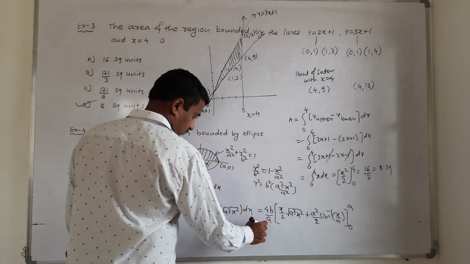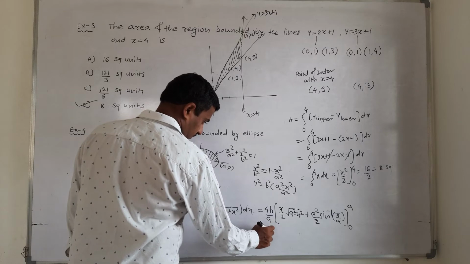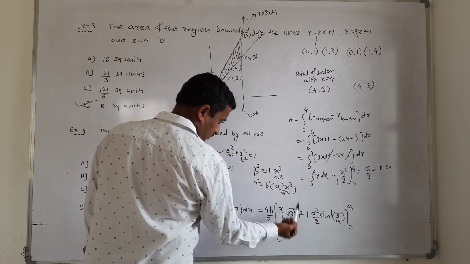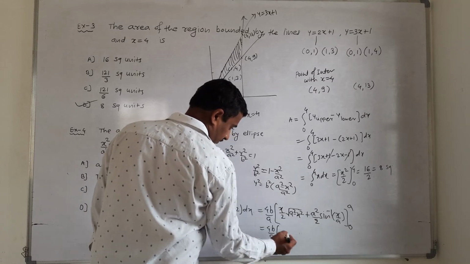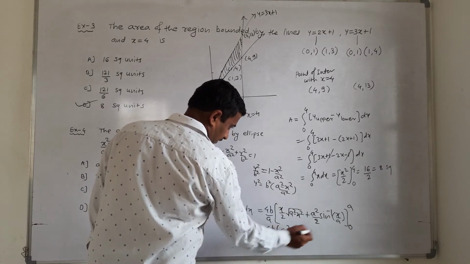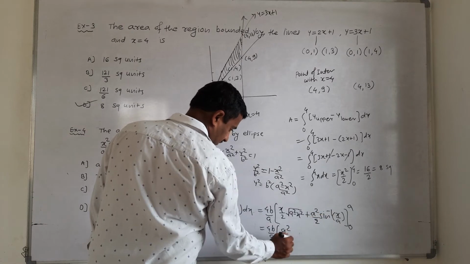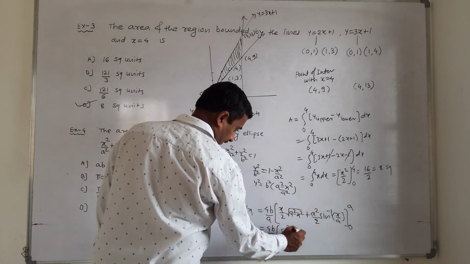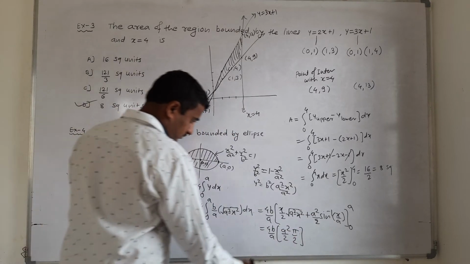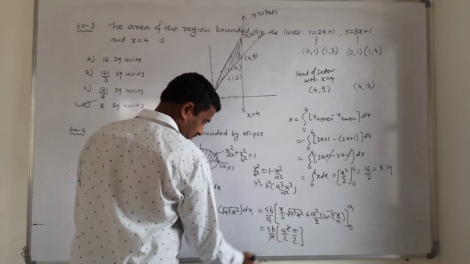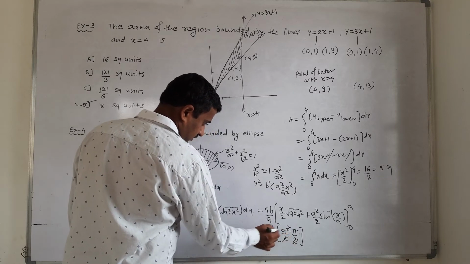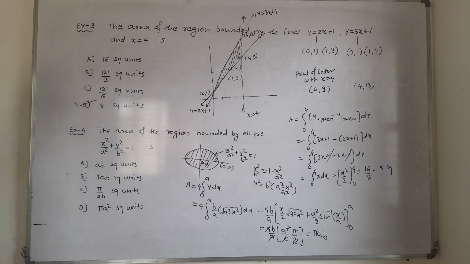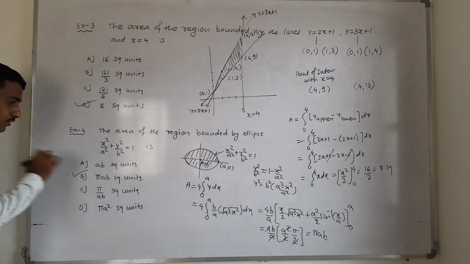That is 4b by a, then at the upper limit x equal to a, the first term is 0, and we get a square by 2 sin inverse a by a, that is sin inverse 1, which is pi by 2. The lower limit 0 is neglected. Then a cancels, 2 into 2 cancels with the 4, and we get pi ab square units. That is pi ab, option B.